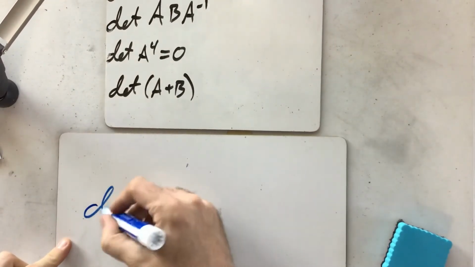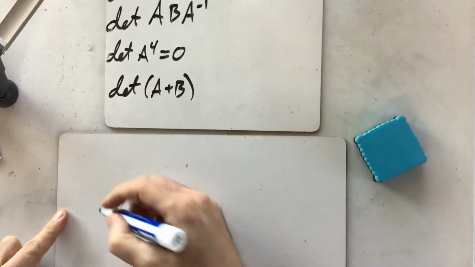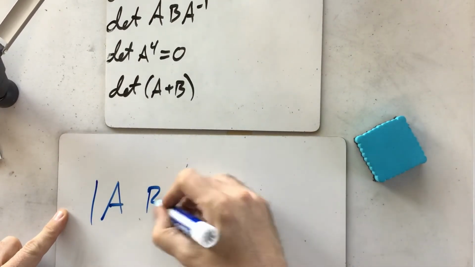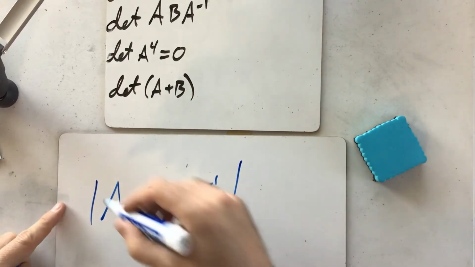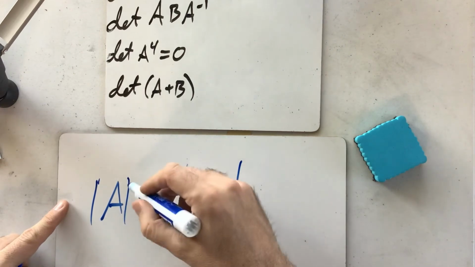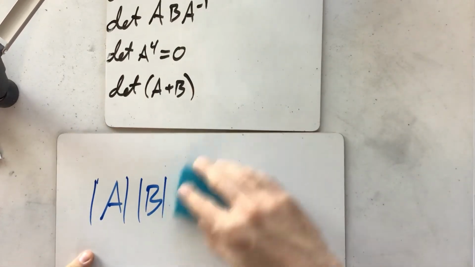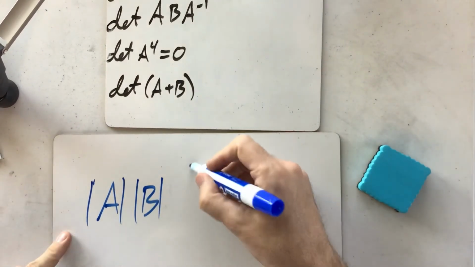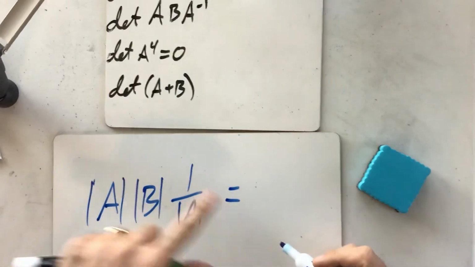What is the determinant of this? Well, let's write it as A, B, A inverse. Let's use the bars. What we know is that determinants multiply out. So this is the determinant of A times the determinant of B times the determinant of A inverse. But earlier, we saw the determinant of A inverse is 1 over the determinant of A. So what does that mean?